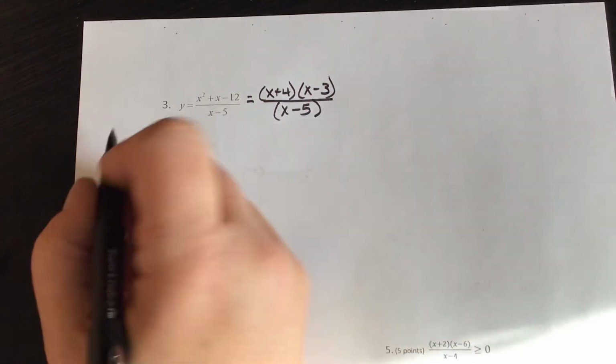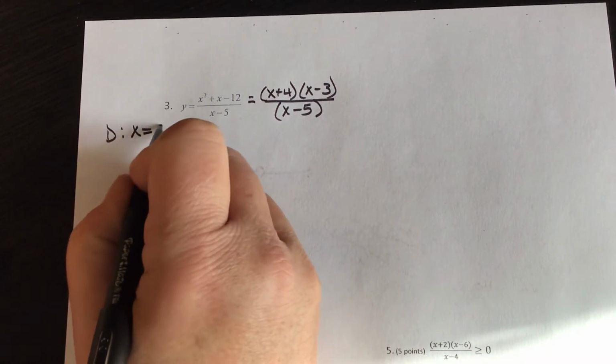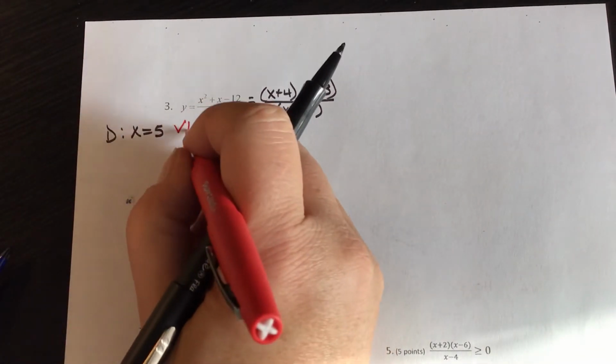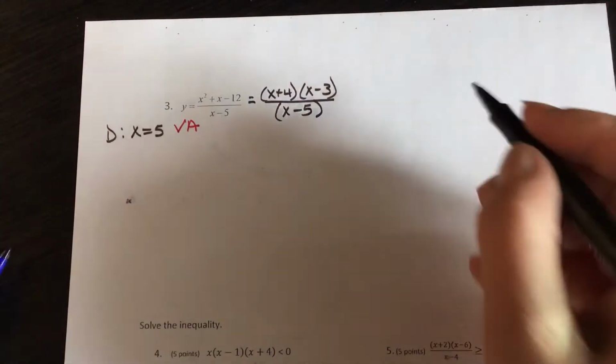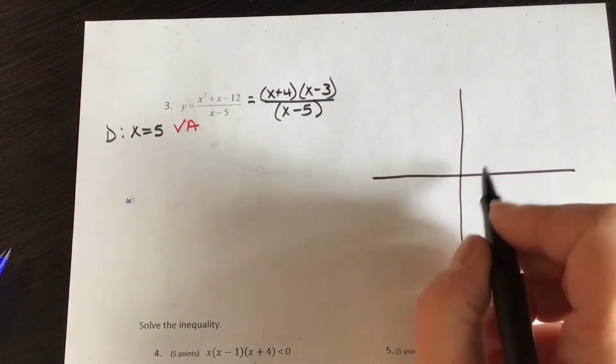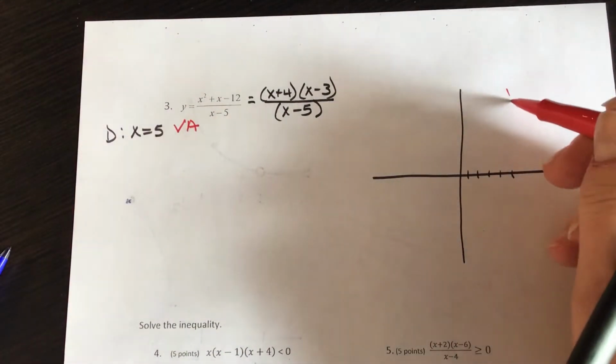So here, my domain, x cannot equal 5, and I would have a vertical asymptote there. So on my graph, let's draw that. 1, 2, 3, 4, 5, vertical asymptote here.